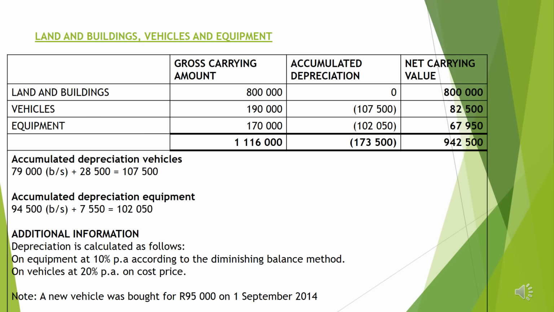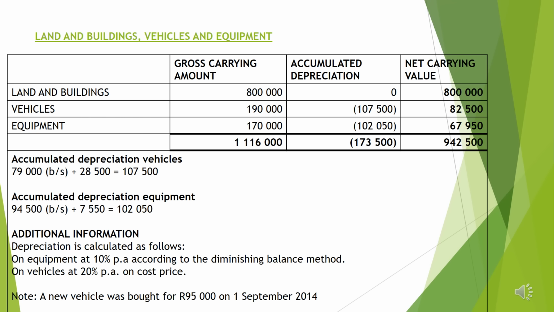Then we need to say 79,000 rand, this is the given amount of the accumulated depreciation on vehicles from our pre-adjustment trial balance, plus 28,500 that we just calculated and confirmed is correct. Then we get 107,500 rand. So basically the accumulated depreciation is made up by taking the balance for accumulated depreciation plus the depreciation during the year.